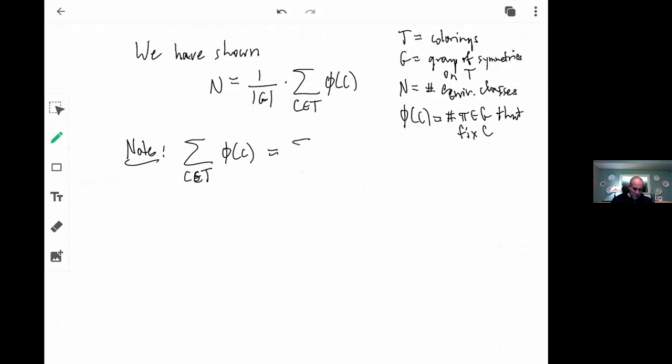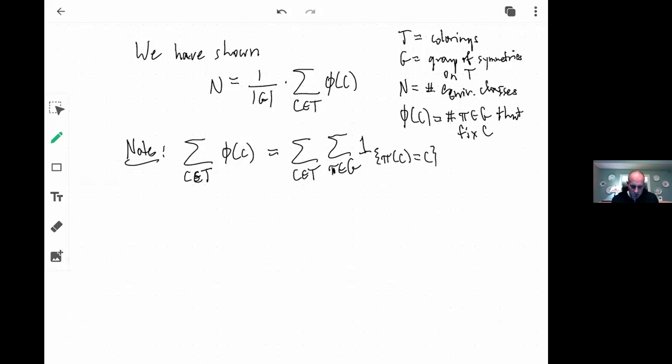It's the sum over C in T, the sum over pi belonging to the group, and what I can do is I can basically just say, look, just 1 if pi of C happens to be equal to C.